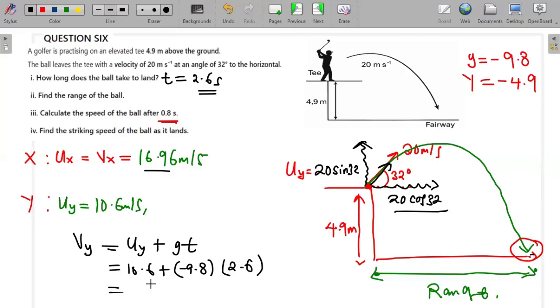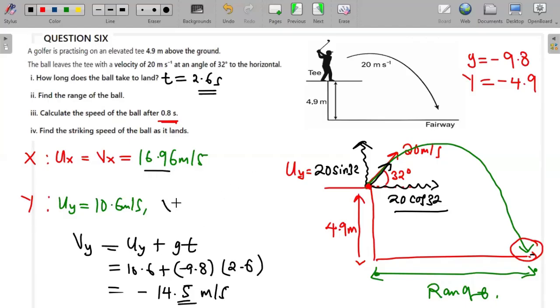Once I do that, my final velocity is minus 14.9 meters per second. This simply means the velocity is reducing.